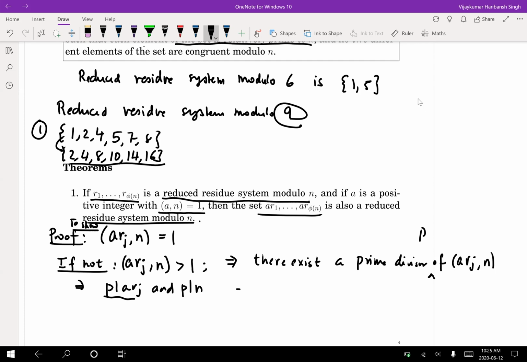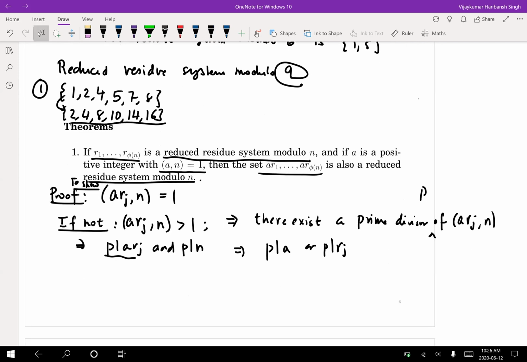But the first implies P divides A or P divides Rj. So we get either P divides A and P divides n, or P divides Rj and P divides n.